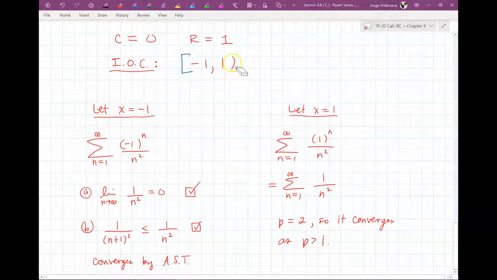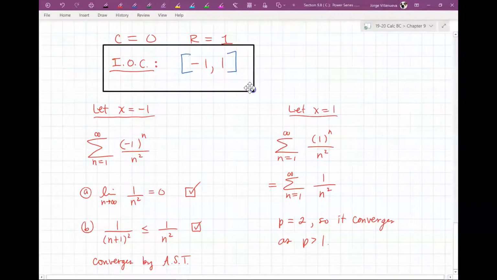Right? So then I'm going to go back to the IOC and put a bracket on that side. And here's my answer for that problem. So this gives you a little more of an idea of why we did it. Because when we just did it the previous time, it looks like we just wasted our time. But now you see, oh, this one actually does converge on its endpoints, so let's make sure we include them.